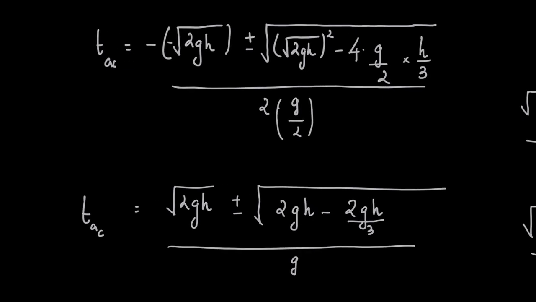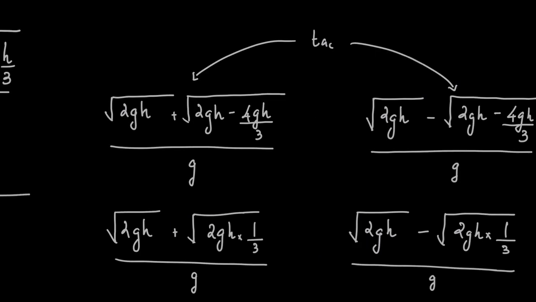So what is TAC? It will be equal to minus b, which is plus root of 2gh, plus or minus root of b square, root of 2gh the whole square, which is 2gh, minus 4ac, 4 over 2 is 2gh by 3, the whole upon g, by 2a. 2a is 2g by 2.